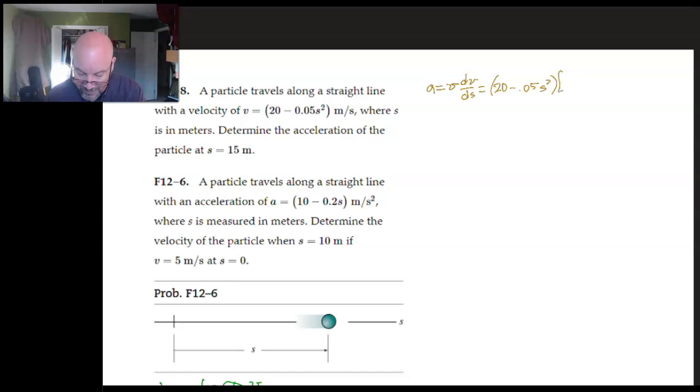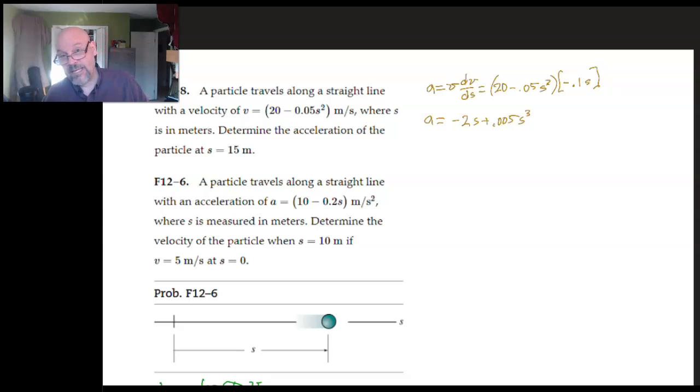We plug that in here. The derivative of the 20 is 0, so here we got minus, it's going to be 0.1 s. So now my function for my acceleration is minus 2s plus 0.005 s cubed. There we go.